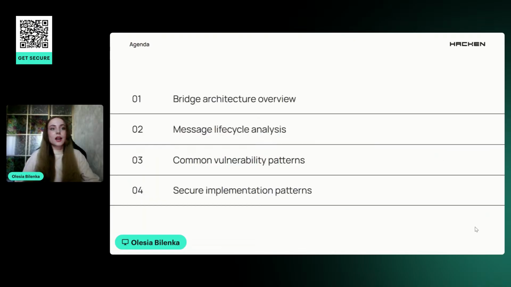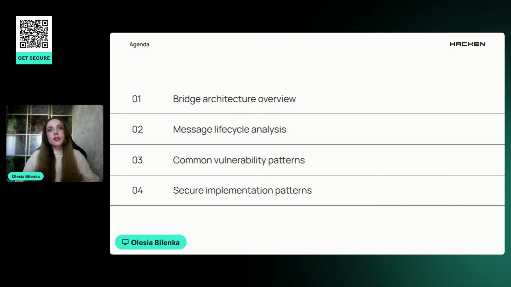And here is our plan for today. Firstly, we will do a quick overview of bridge architectures. We will review what types of bridges exist and how they are built. Secondly, we will trace the life cycle of a cross-chain message from the very beginning to the minting on the destination chain.